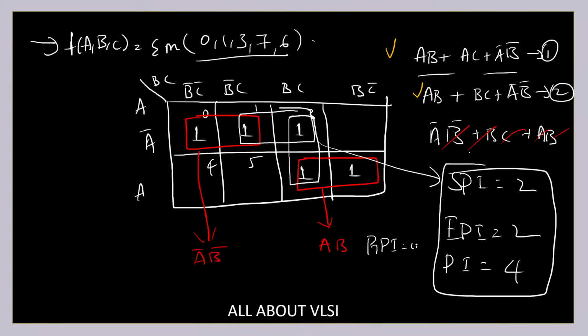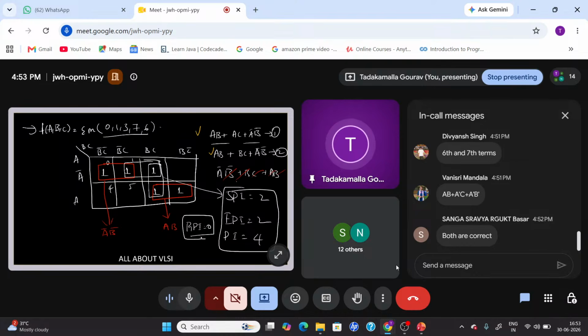There will be no redundant prime implicant. Is it clear, guys? What do you mean by SPI, EPI, RPI, PI? Any doubts or any queries over here? Shall we move forward?